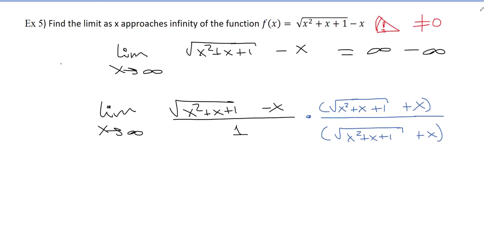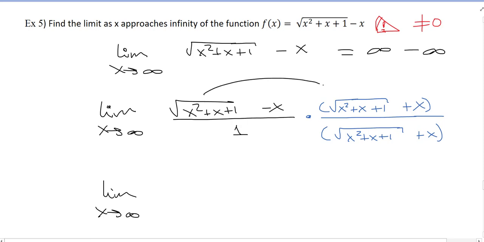All right, so now let's do our multiplication. So this is the limit as x goes to infinity of, what do I get? Square root of this times itself. The square root cancels, so I'm just going to have x squared plus x plus 1, and then minus x times a positive x, I'm just going to get minus x squared. It's just one term here, so I don't need to put parentheses.